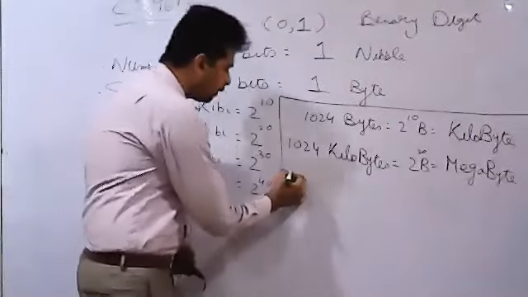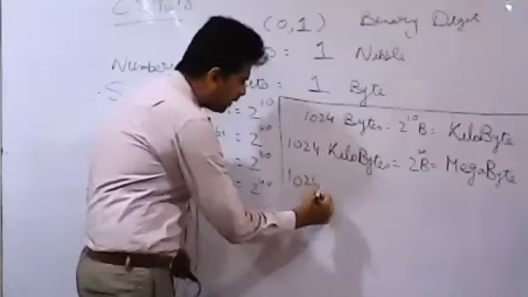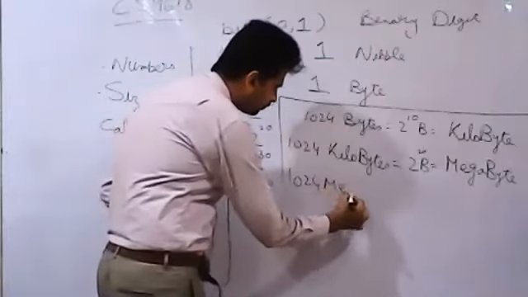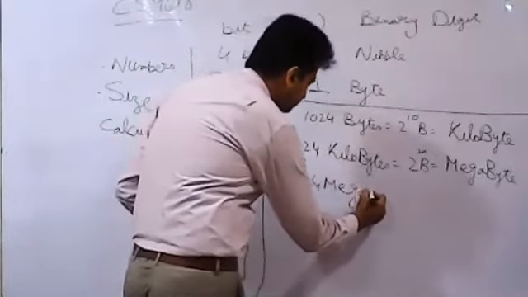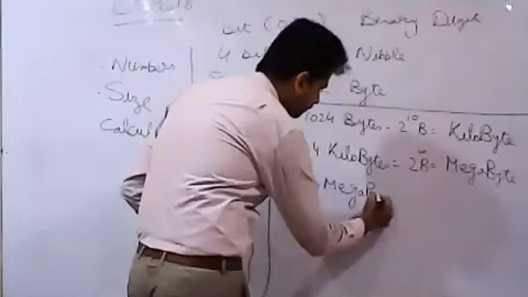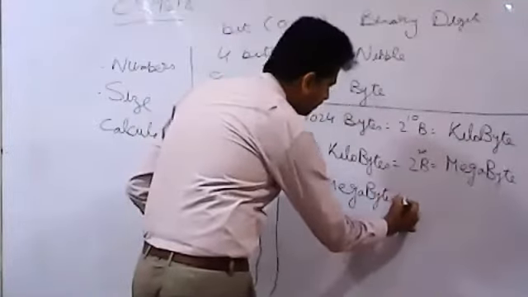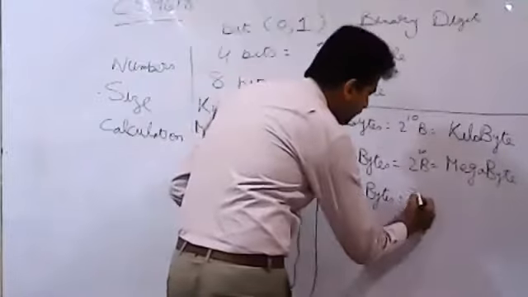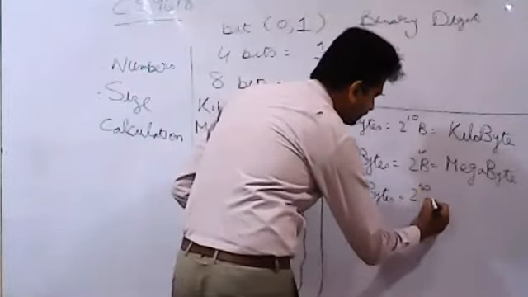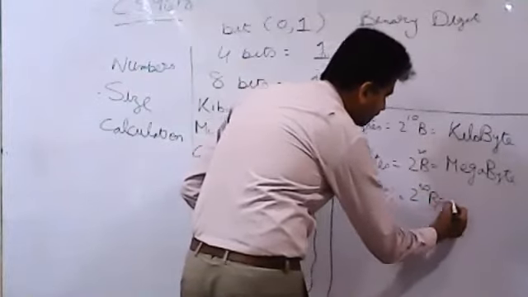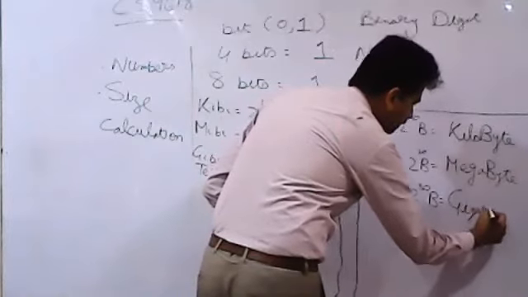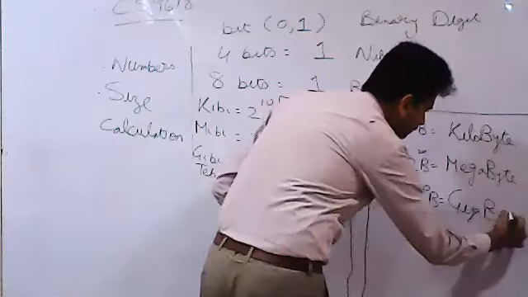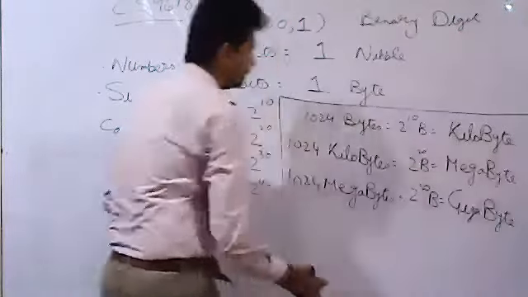Then 1024 megabytes, or 2 raised to power 30 bytes, makes a gigabyte.